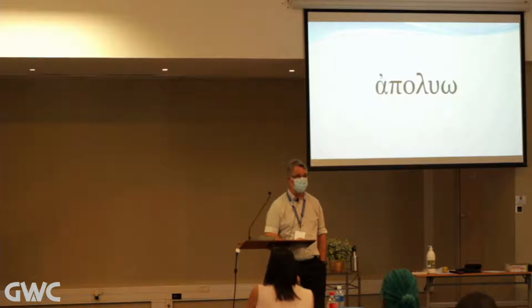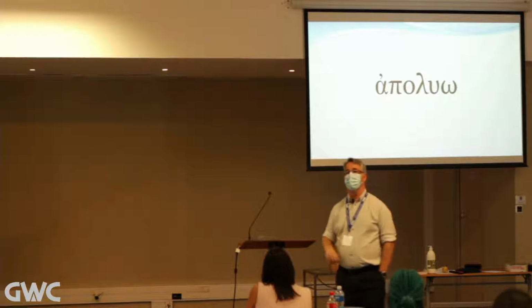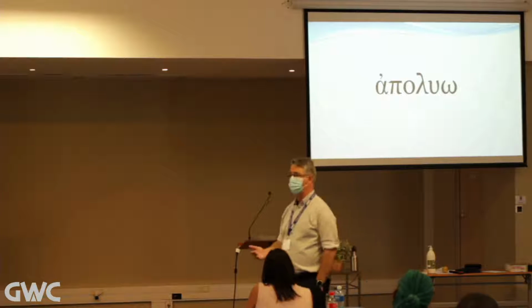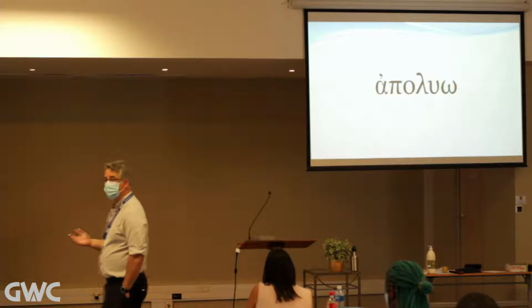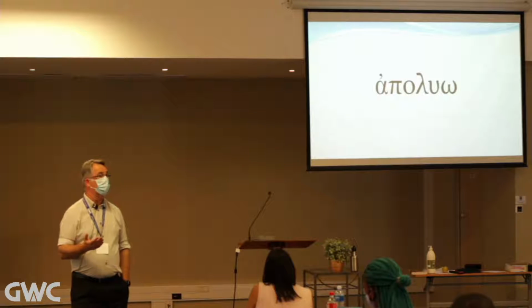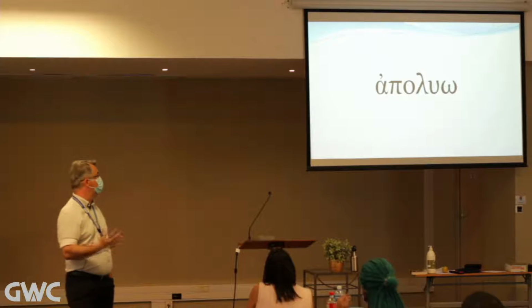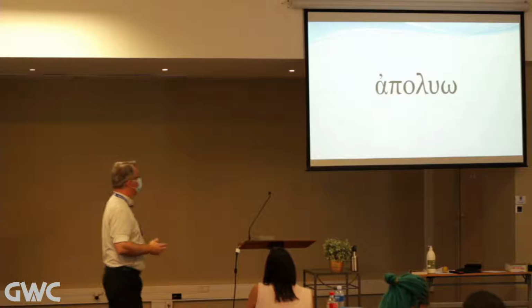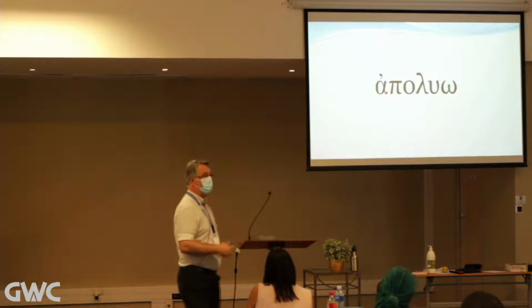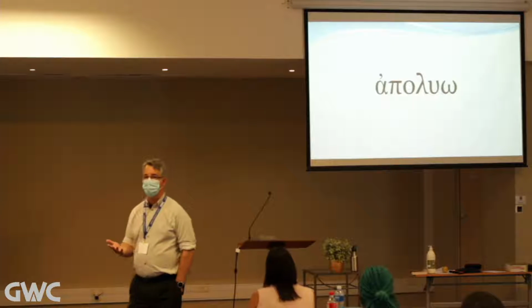Because if I had apaluo, for instance, it's a compound verb. You learned that the other day. Apaluo means I set free, I divorce. Now, if I wanted to put that in the future tense, I'd have no problems, right?